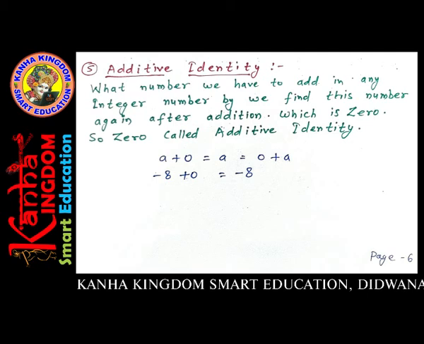Let an integer be a. A plus 0 is equal to a, or 0 plus a is equal to a. So for all integers we have 0 as additive identity. For example, minus 8 plus 0 is equal to minus 8.